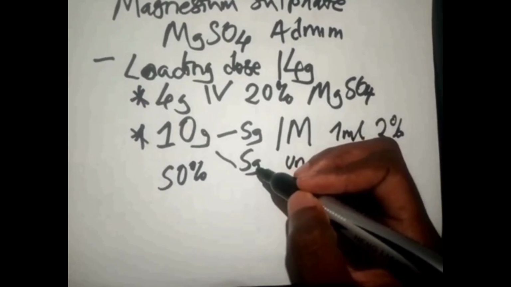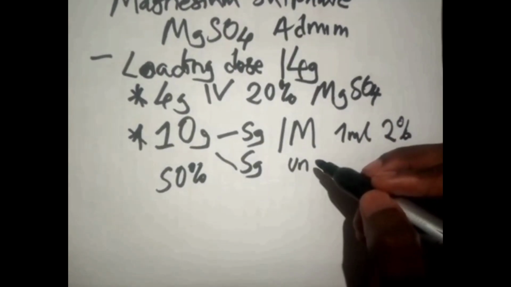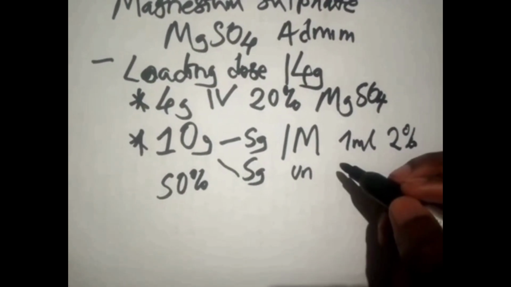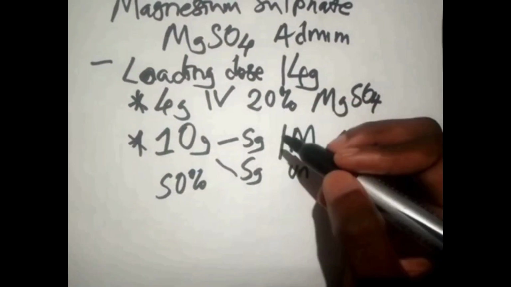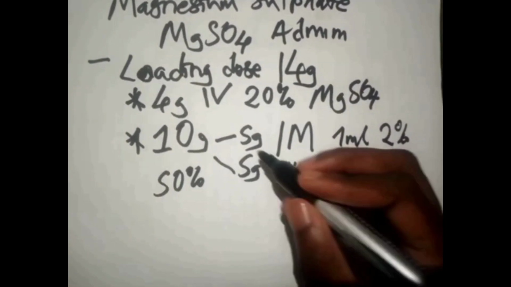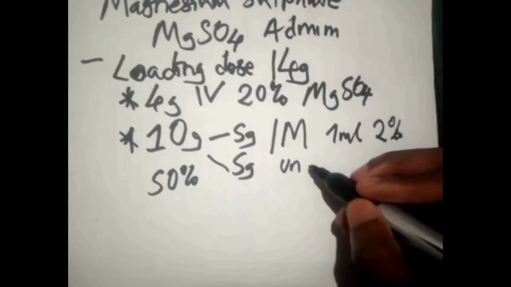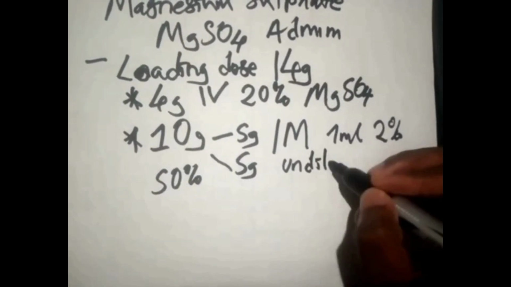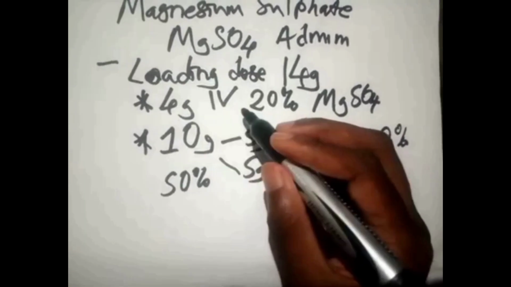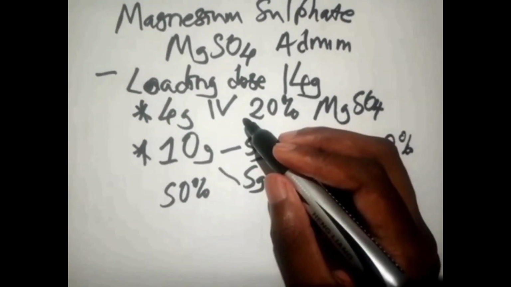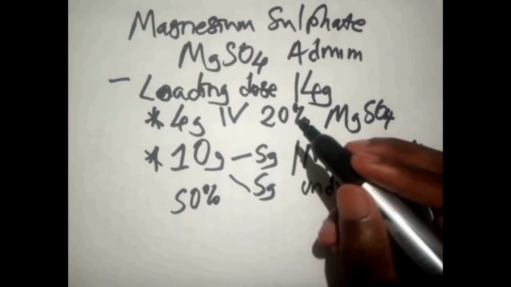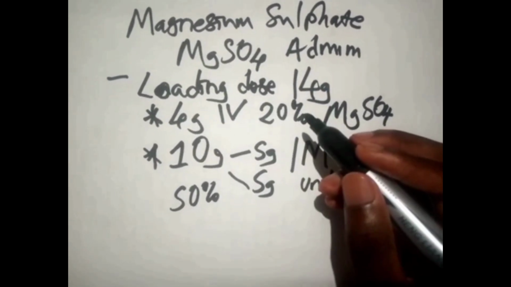In our setup we have 50% magnesium sulfate, and we don't usually have the 20% one. So in short, when giving the 5 gram IM, we don't dilute, so we give it undiluted. But when we are giving the 4 gram IV, we have to dilute it. There's a formula for diluting it, so we are going to go through that formula as well.